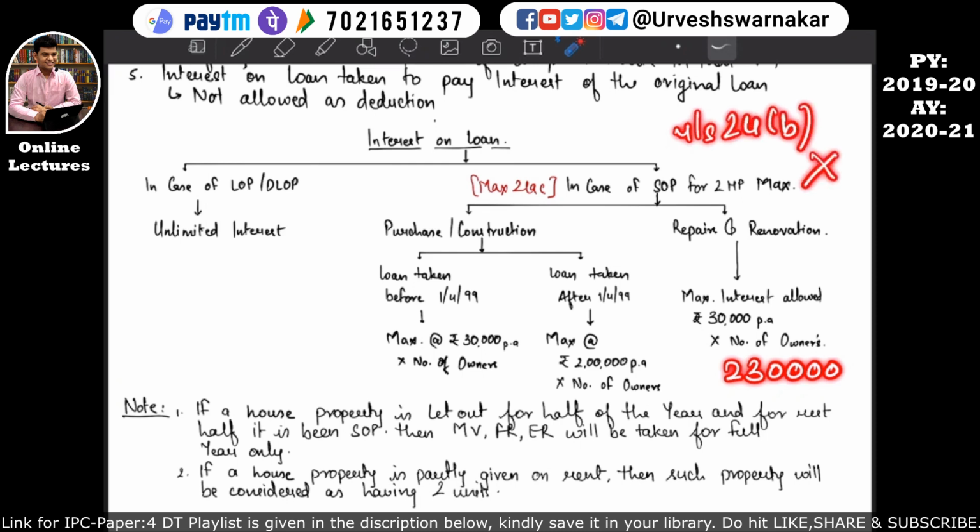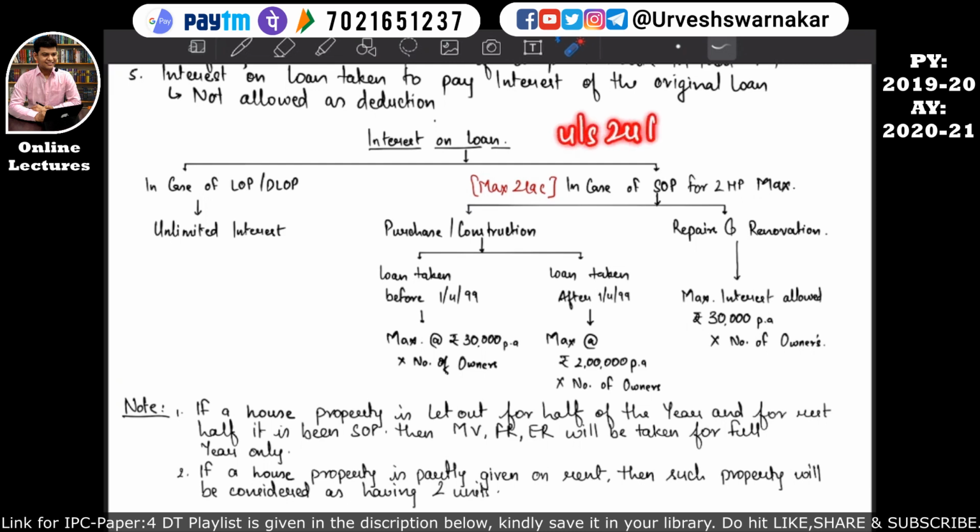The answer is no, because the aggregate limit under this part, that is the SOP's part, is maximum 2 lakh. That means the maximum amount of deduction under section 24 subsection B for interest on loan in case of a self-occupied house property is maximum 2 lakh. That is what I have written over here in red.